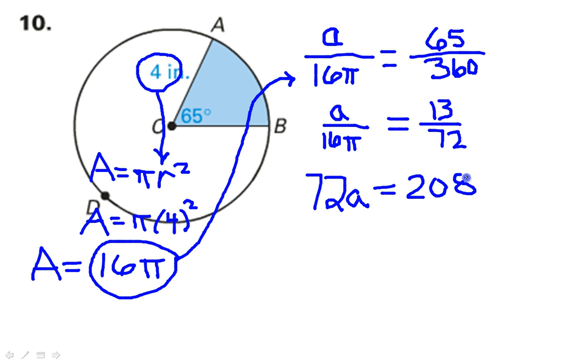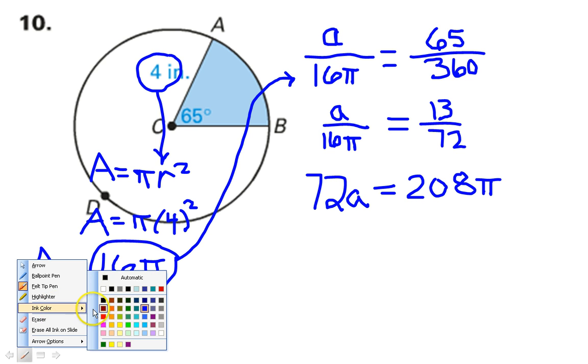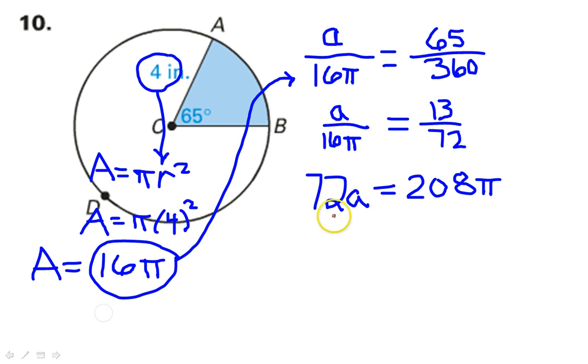And don't forget the pi. So 16 times 13 is 208, so that'll be 208 pi. What am I going to do now? Correct. Let's divide both sides by 72 to get the little area by itself.